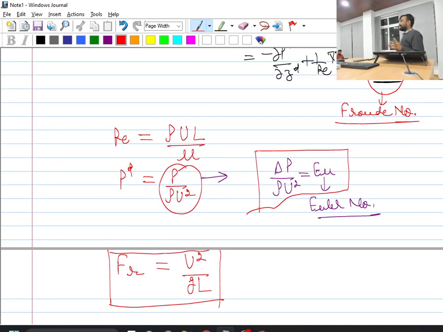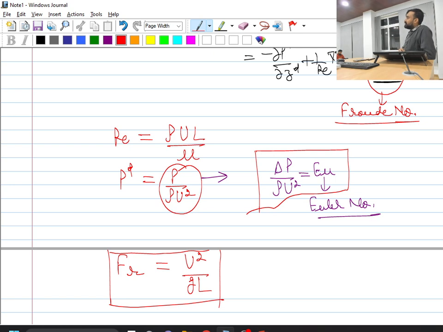So now you can see that ultimately, when we have non-dimensionalized the equations, we need to simply solve for dimensionless velocities u star, v star, w star, and dimensionless length scales x star, y star, z star. Whatever the fundamental fluid properties were, which were becoming independent, these were clubbed together.